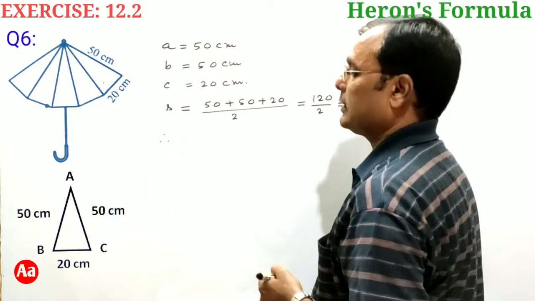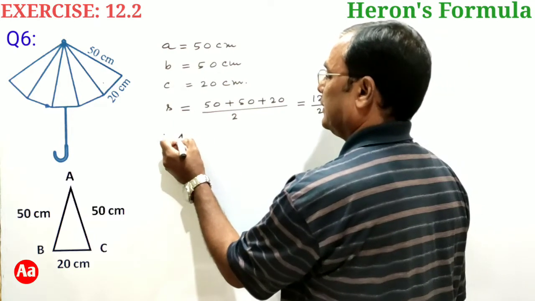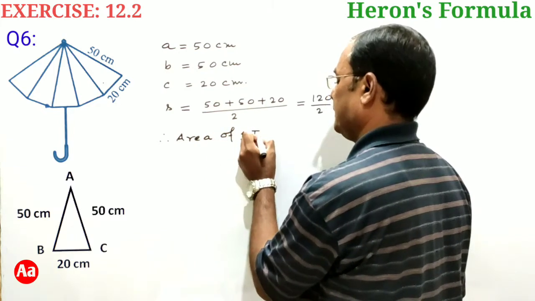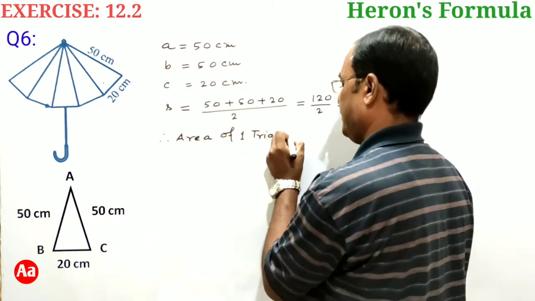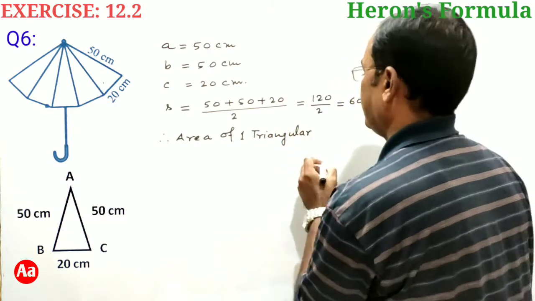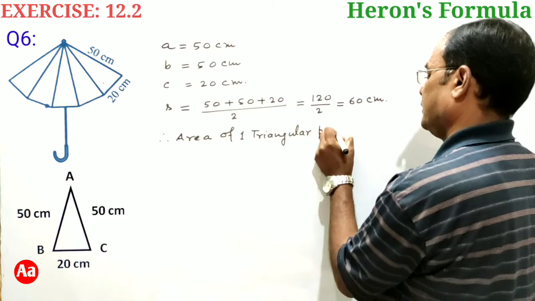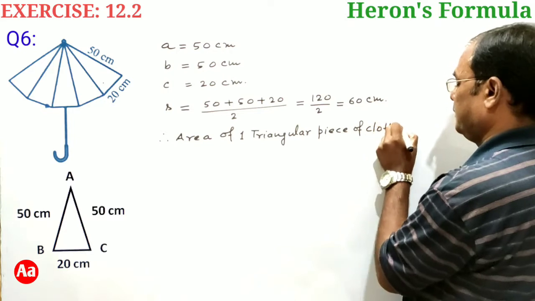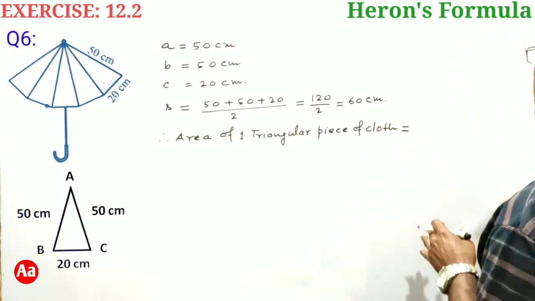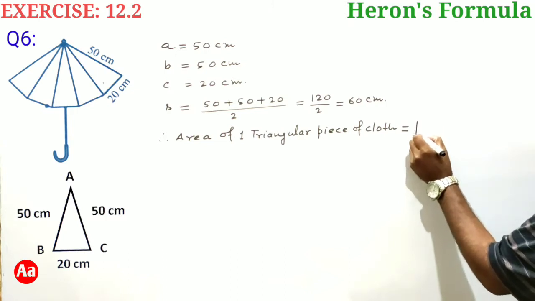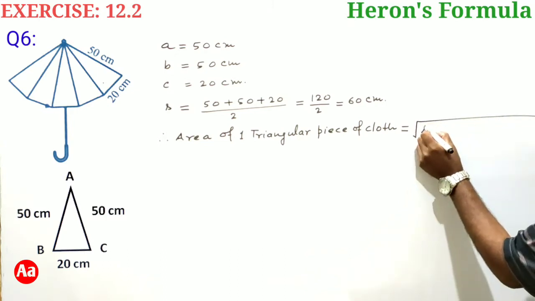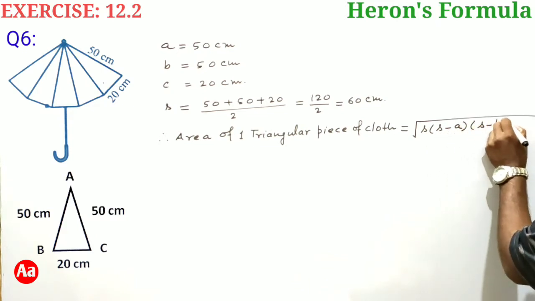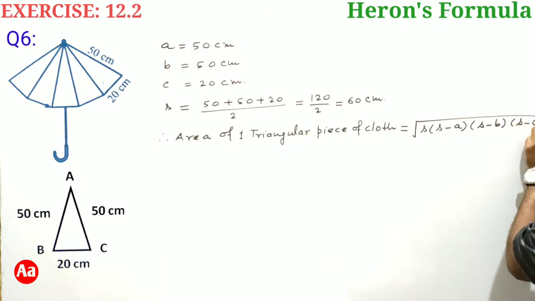Therefore, area of one triangular piece of cloth is equal to under root s into (s minus a) into (s minus b) into (s minus c).